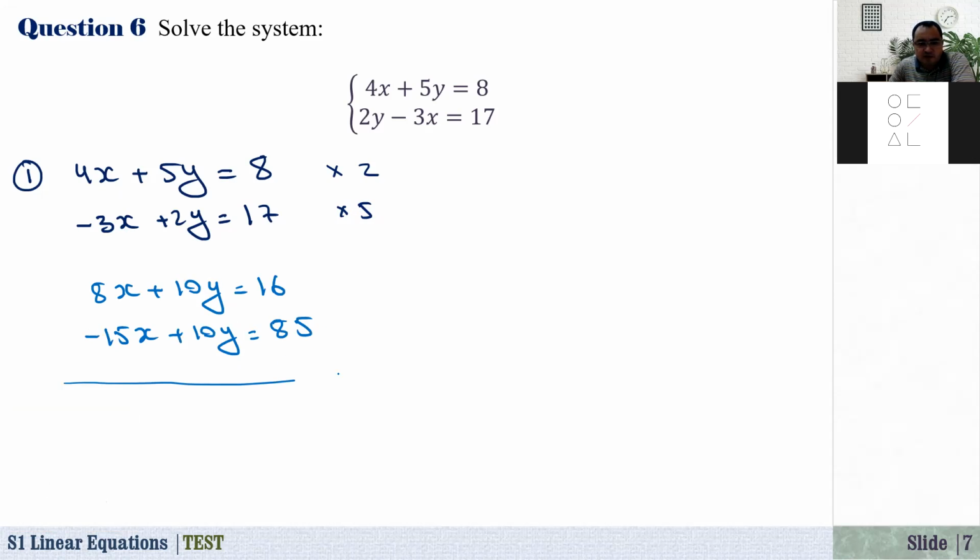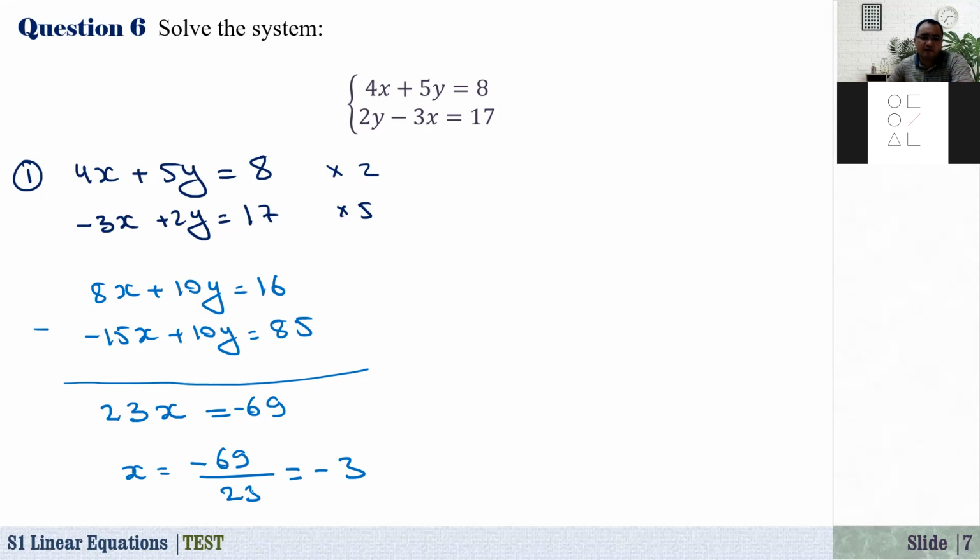Now if I subtract the second equation from the first, 8 minus negative 15 is 23x, 10y minus 10y is 0, and 16 minus 85 is negative 69. So x is equal to negative 69 over 23, which is negative 3.